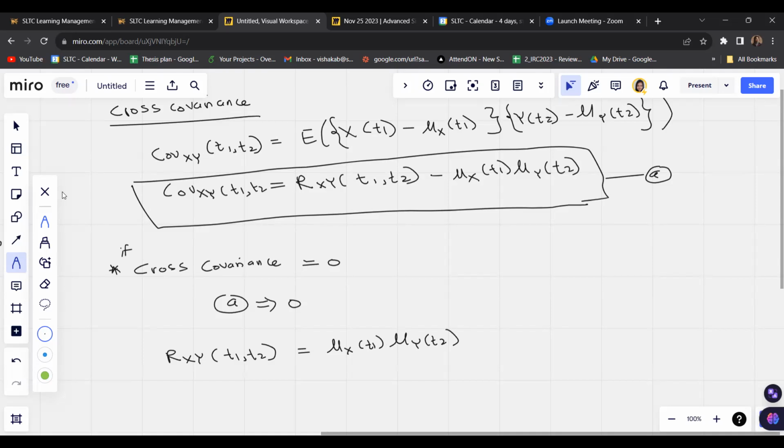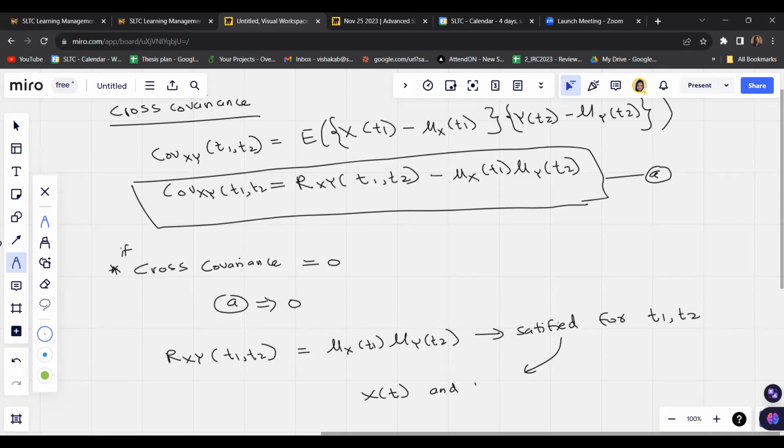are uncorrelated, right? So if this property is satisfied for all the T1, T2 time instances, then we can call that X and Y random processes are basically uncorrelated.